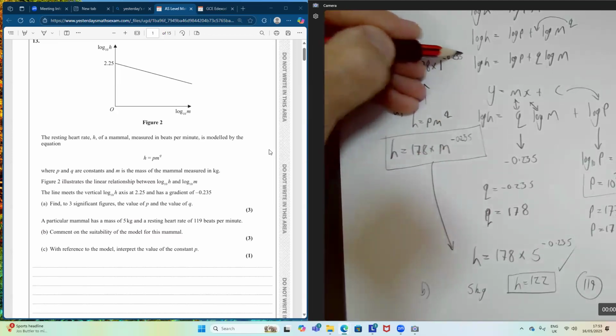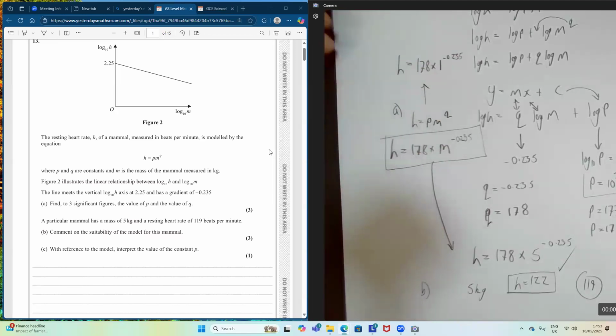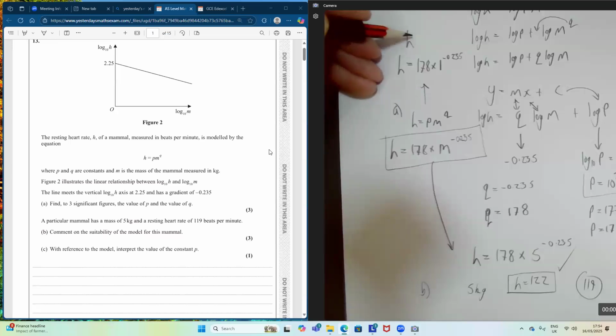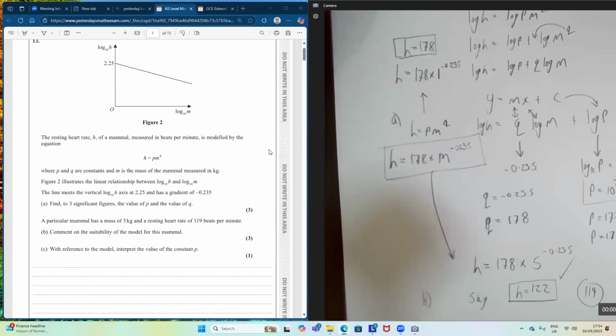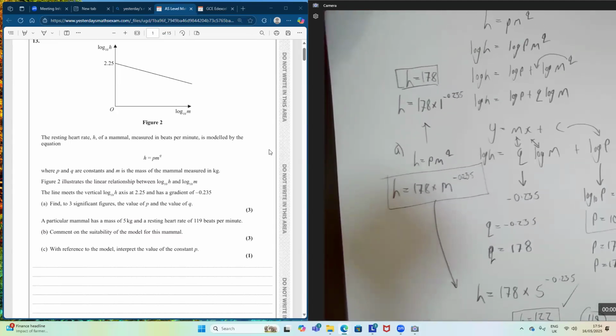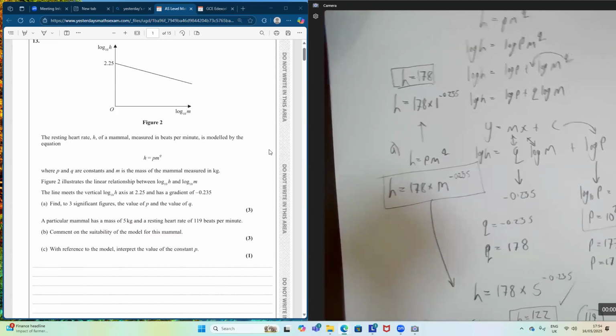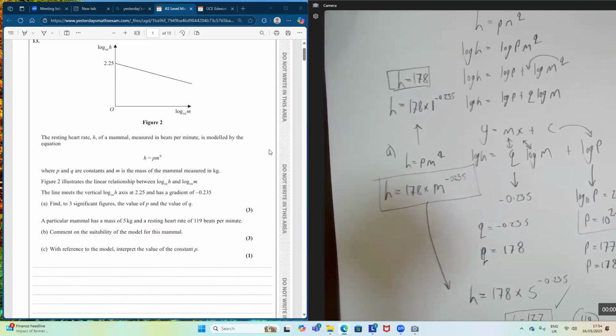And 1 to the minus 0.235 is just 1. So therefore, we would have H is equal to 178. So the significance of the P in this particular equation is that it's the resting heart rate of a mammal that has a mass of 1 kilogram.